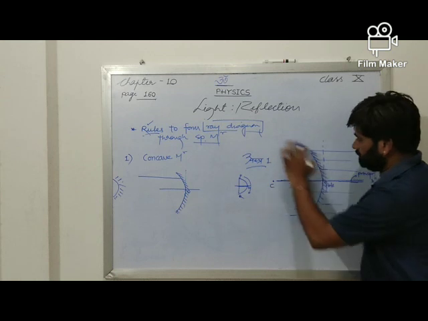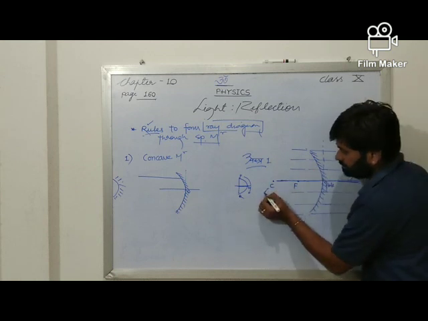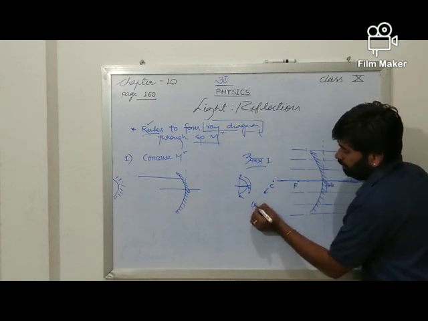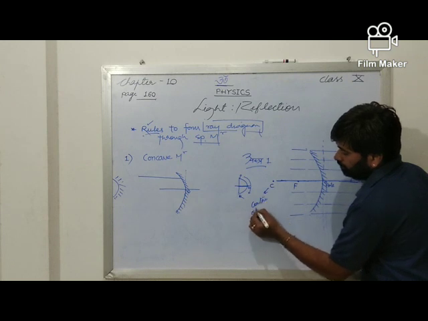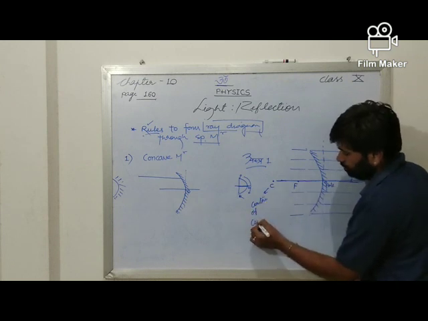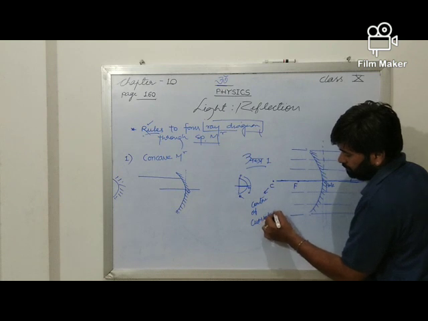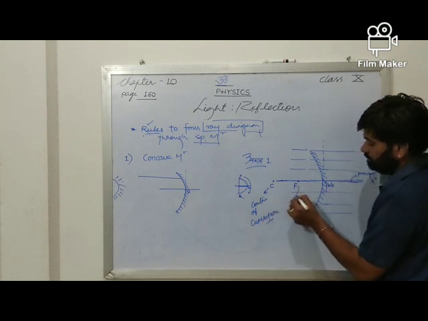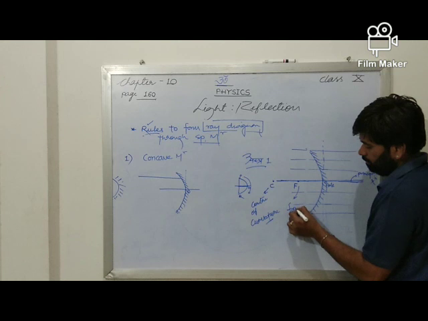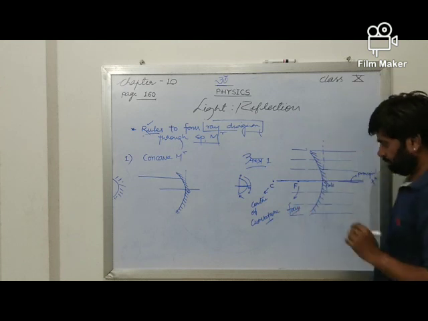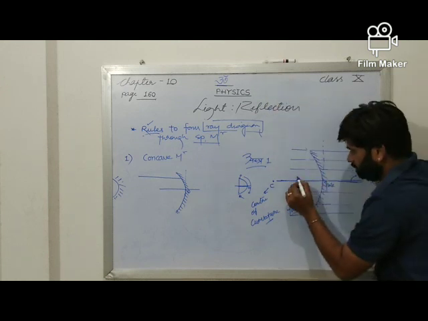Now this is the pole. As we know, this is the part of a sphere, so there will be a center. This is known as center of curvature. Then this is the focus of this particular mirror. Now see the basic information.